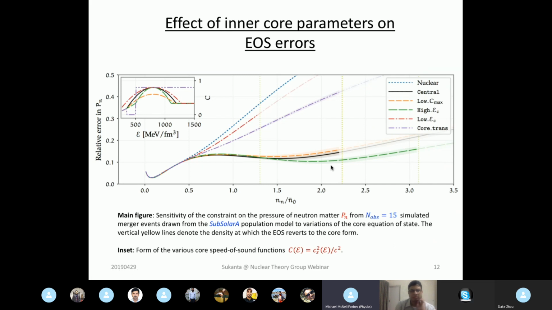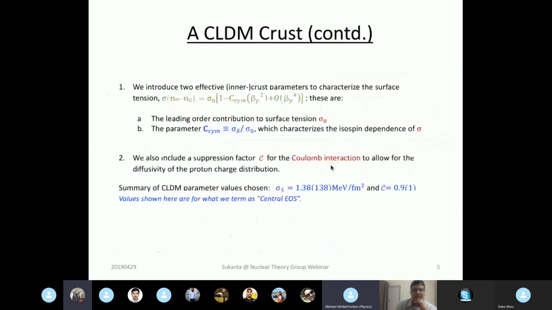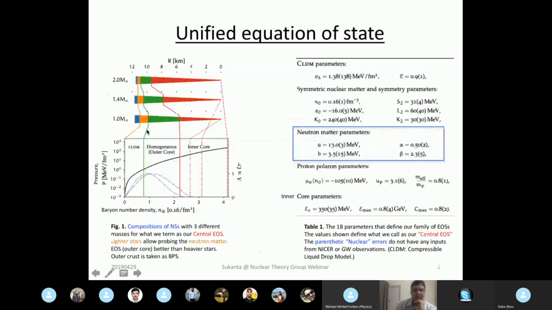Right. And so then, of course, you get better constraints on the nuclear matter because the whole star is made of that. Yeah, the green region will now extend much deeper to 3, which in this case is almost all of the star. All right. Okay. But we don't know where the nuclear equation of state breaks down, and so yes. That's why I asked the question.